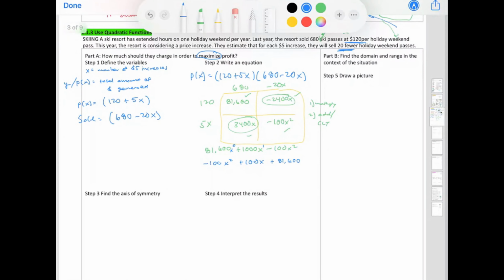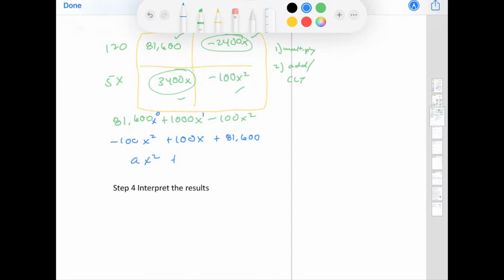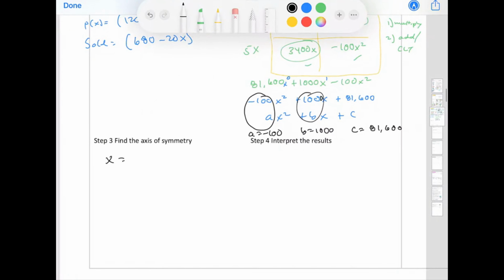Okay, so step number 3, find the axis of symmetry. So I'm going to write standard form above it. And I have a equals negative 100. B is 1000x. Excuse me, that was 1000x. So 1000. Remember, when you're finding your a, b's, and c's, they're just numbers. There's never an x or an x squared in there. So our formula is x equals negative b over 2a.